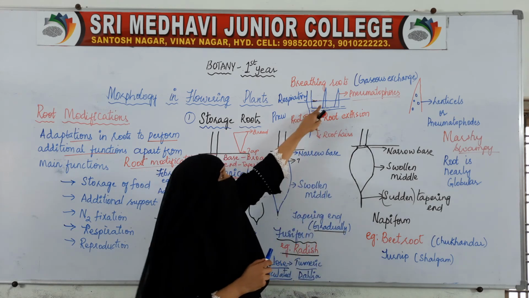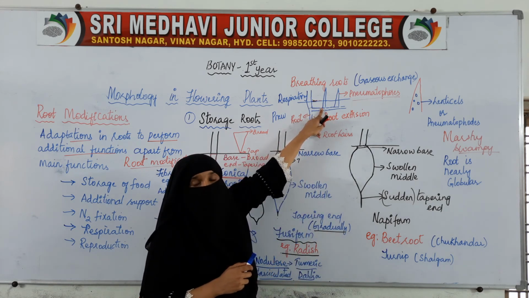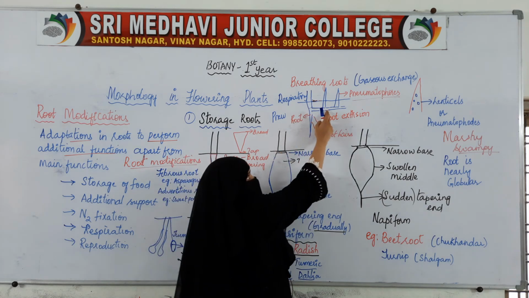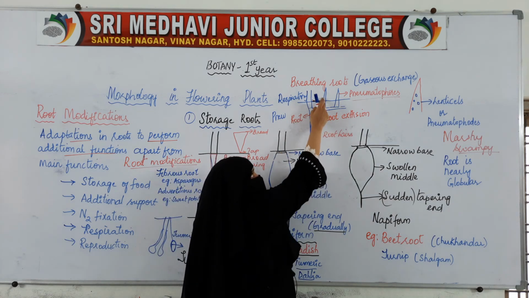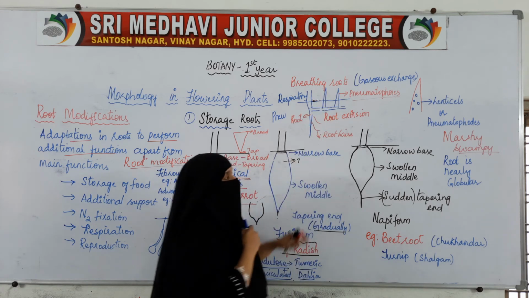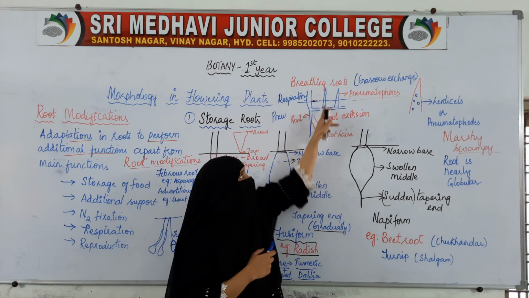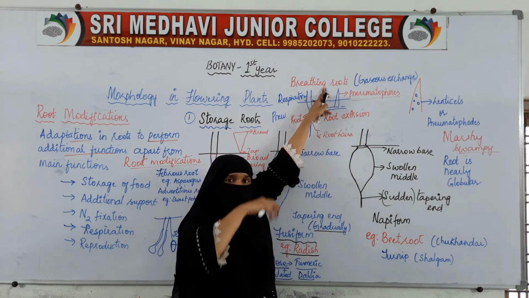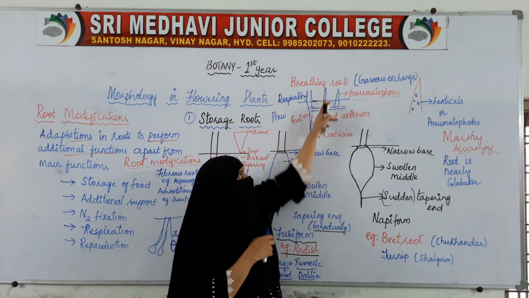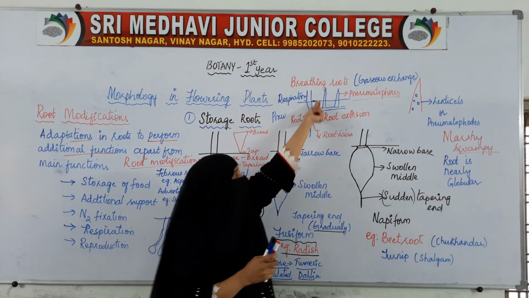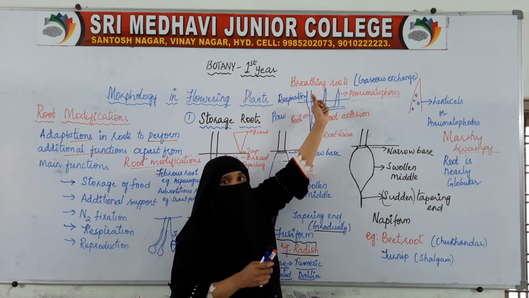So, these roots are negatively geotropic, that is, moving away from gravity. The roots will show extension, and the smaller roots arising here are called pneumatophores. They will be growing towards the surface, that is, outside the soil.